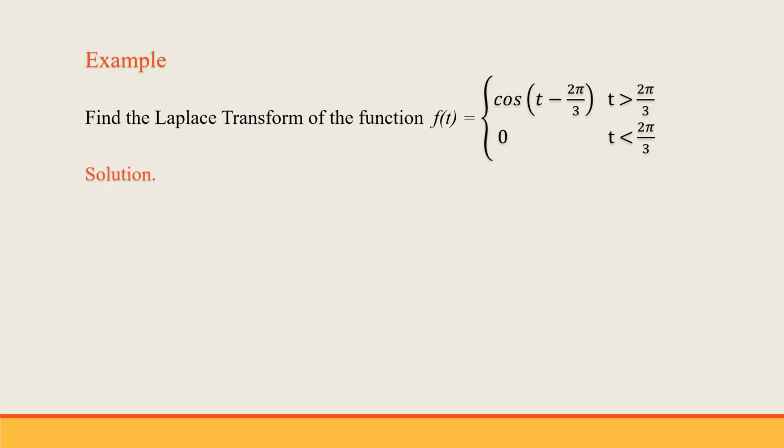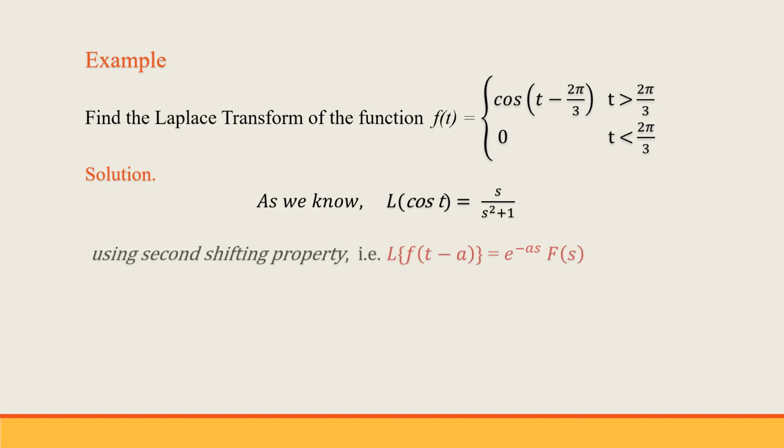As we know that the Laplace transform of cos t is s by s square plus 1. Simply apply the second shifting property as we have done in the previous example. We can write Laplace transform of cos(t minus 2 pi by 3) as e raised to the power minus 2 pi s by 3 into s by s square plus 1.